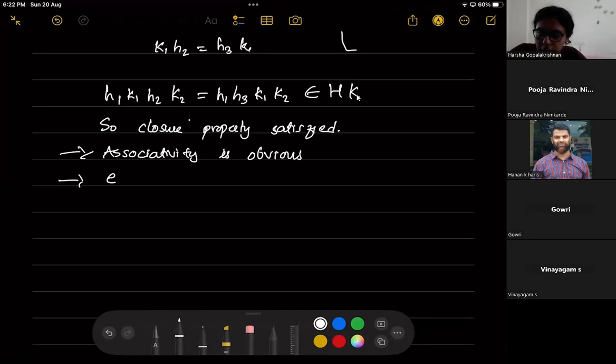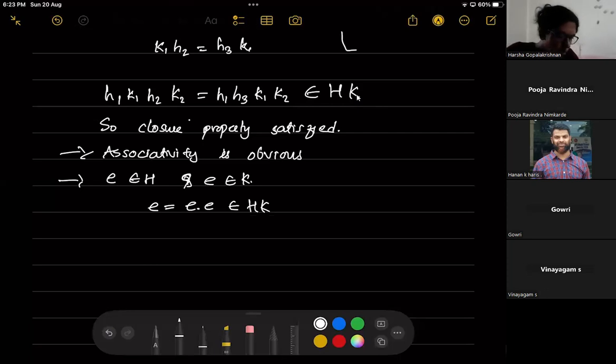Since H is a subgroup and K is a subgroup, this identity belongs to H and K. So we can write E equal to E into E. Both belong to H and K, so the product belongs to HK. So, identity belongs to HK.